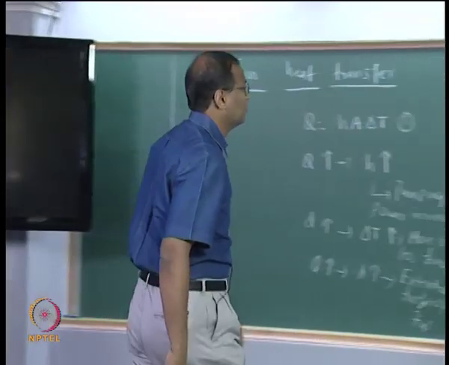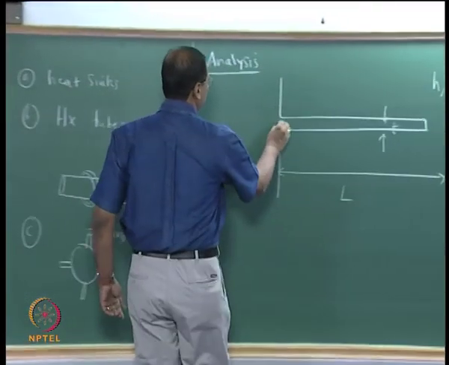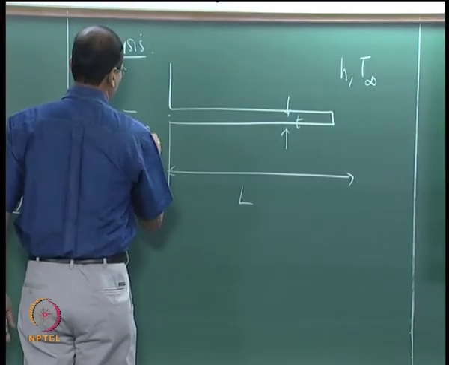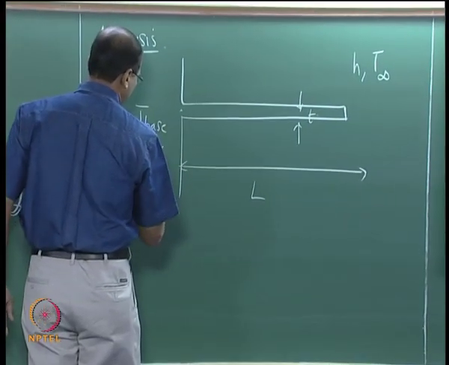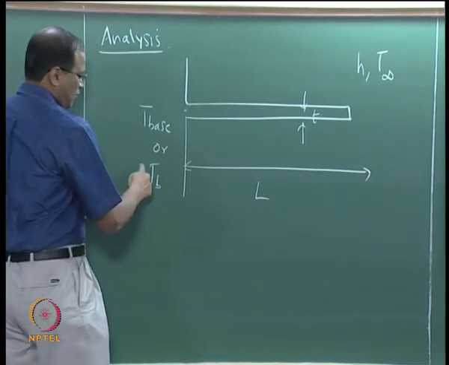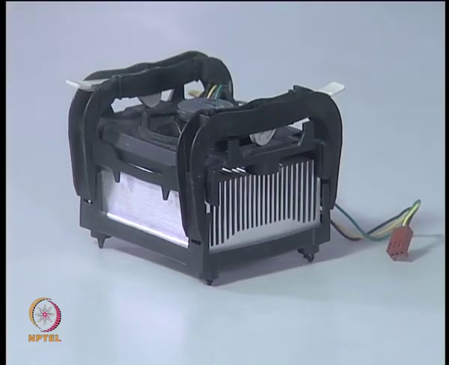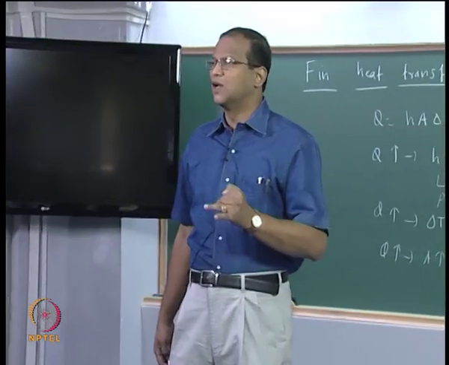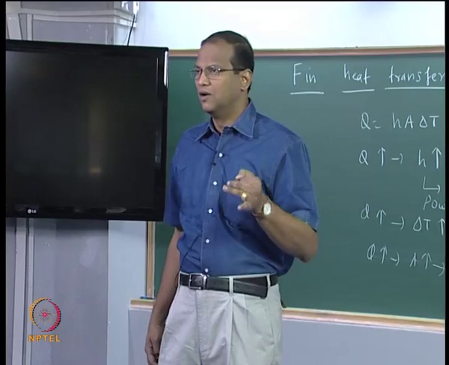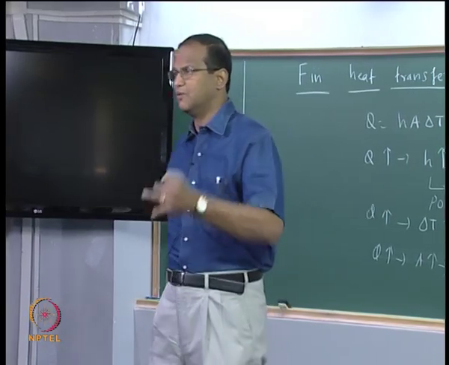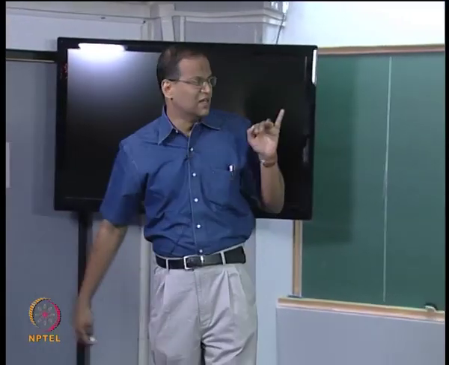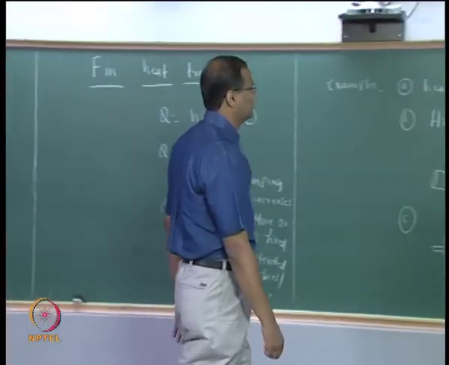So the base temperature is the design variable. For the CPU you may want to restrict to 60 or 65 degrees. For some electronic equipment you can go to 75, 80, but above 80 the reliability of the equipment goes down. So T base, assuming that it is known, T infinity is known, h is known.